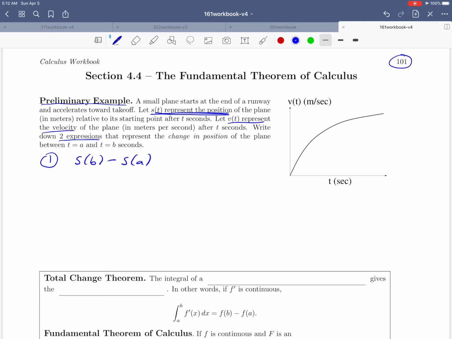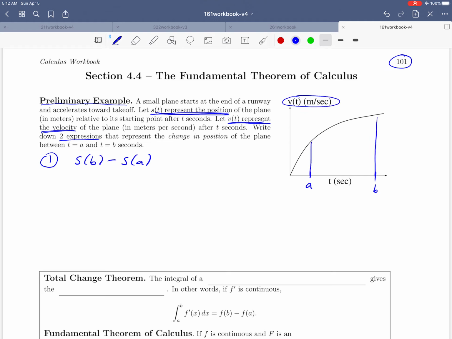But there's another way that we could look at that, by going back to something that we did in section 4.1. The velocity function also gives us a way to measure change in position. Back in section 4.1, you did a problem where you found the area under the velocity curve. I'm just going to shade that.